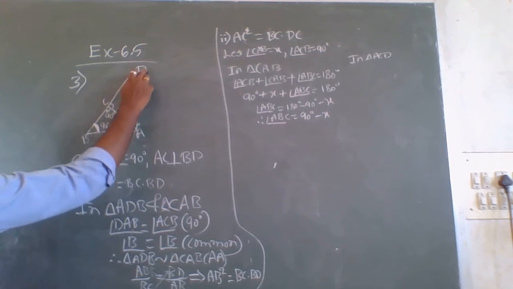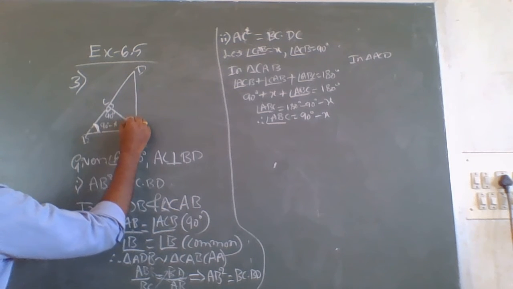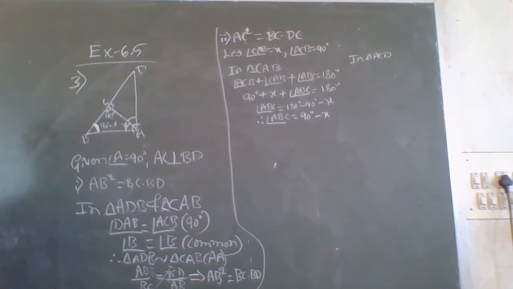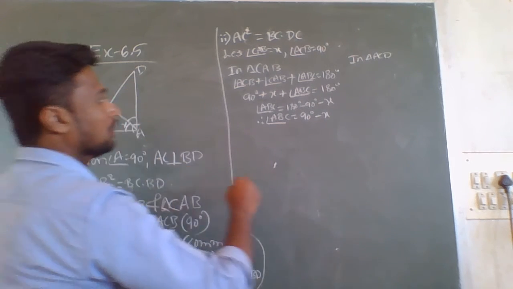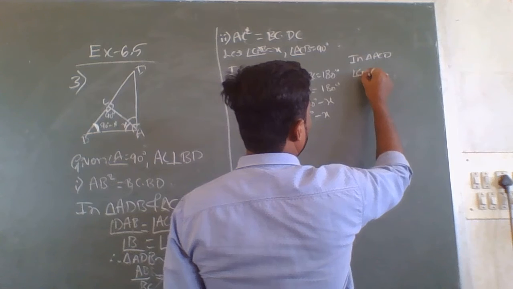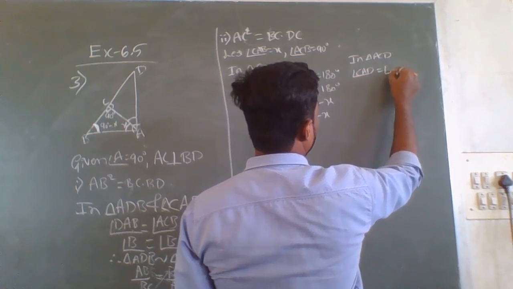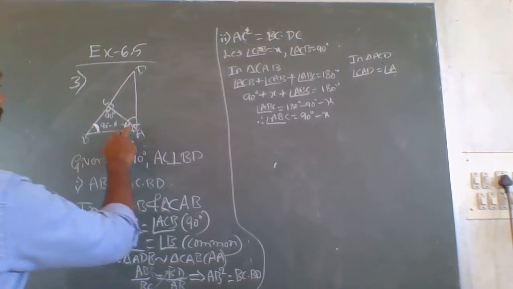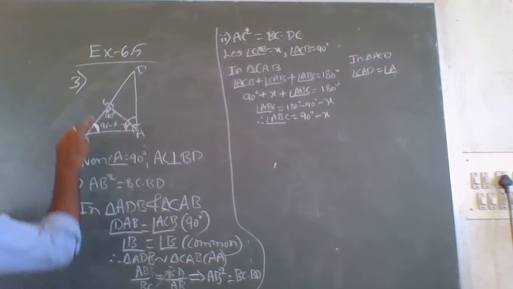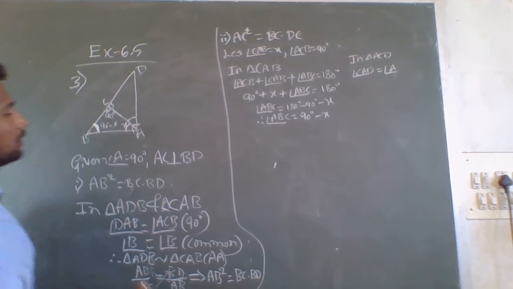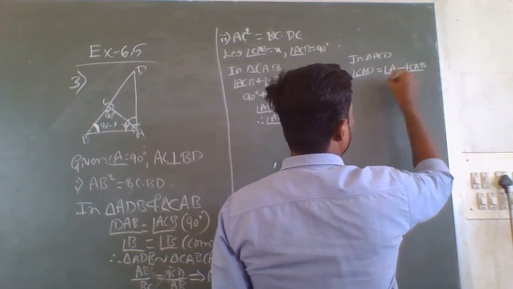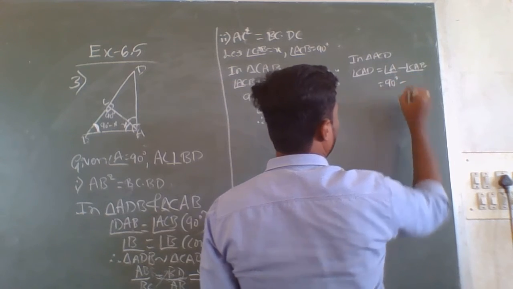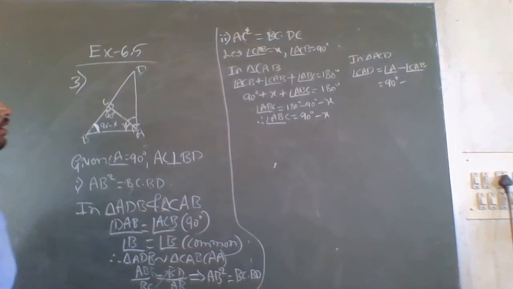To calculate angle DAC, or you can write it as angle CAD, angle CAD is equal to angle A, which is 90 degrees, minus angle CAB.